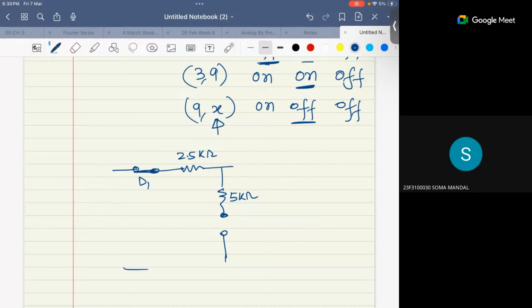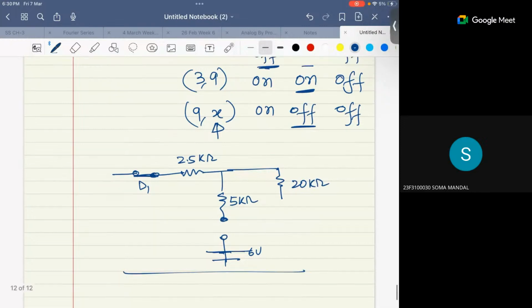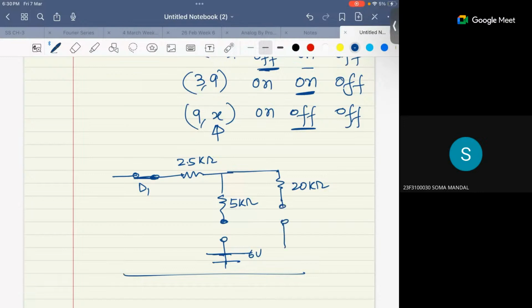This is open now, with the potential of 6 volt that is not required now. Then you have a 20 kilo ohm, and this is also off, and you have 20 volt. And now we have a resistance of 5 kilo ohm, and this is V0. So here V0, again V0 and V0. So this is off and this is off.